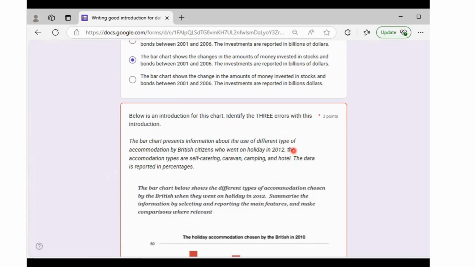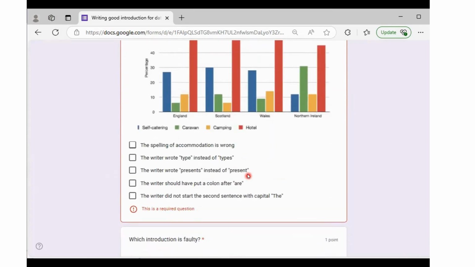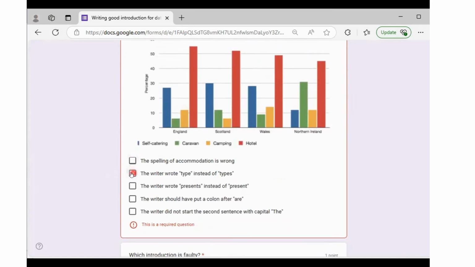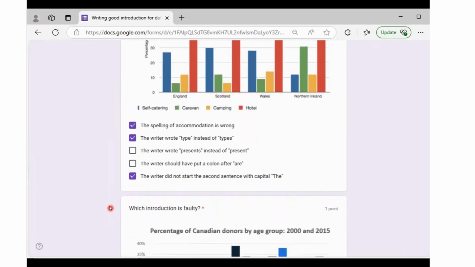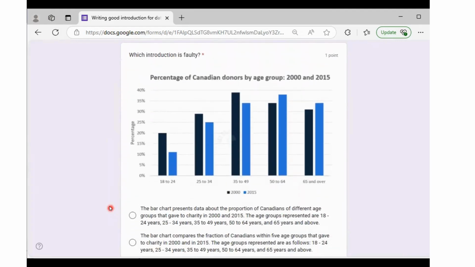Capital THE, because you are starting a new sentence. It should be capital T. The spelling of accommodation is wrong. The accommodation types are self-catering, caravan, camping, and hotel. The data is reported in percentages. So my errors: type, the spelling of accommodation is wrong, then capital THE. Those are the errors. Okay, let's move on.